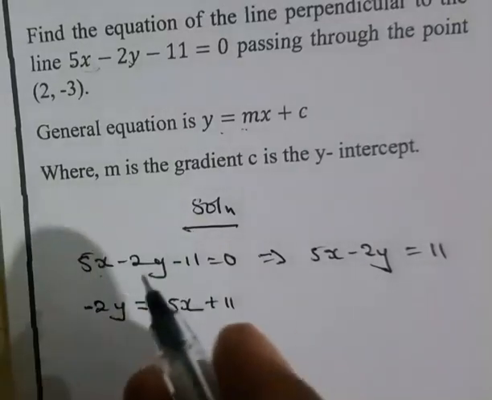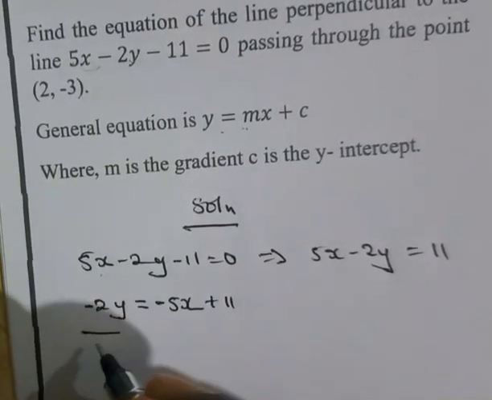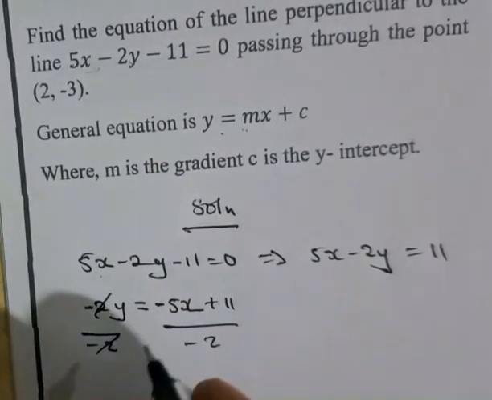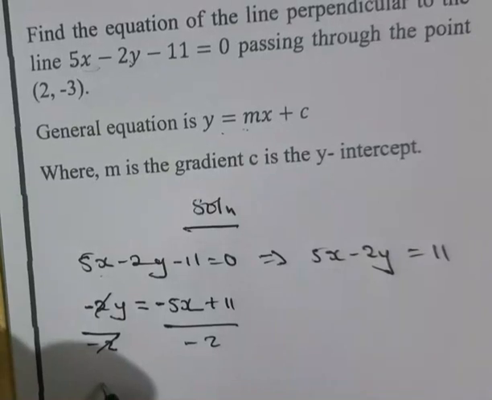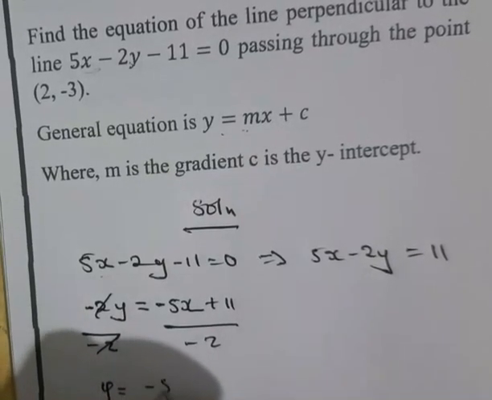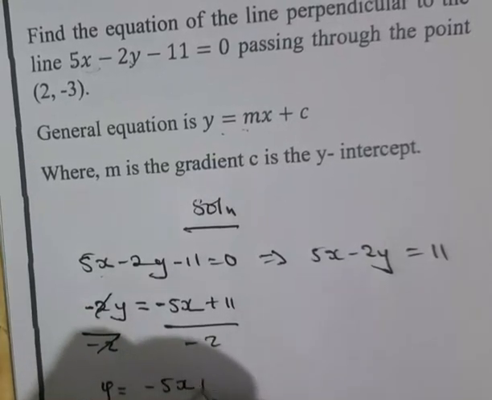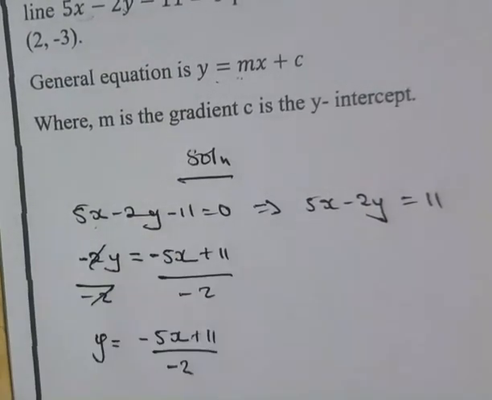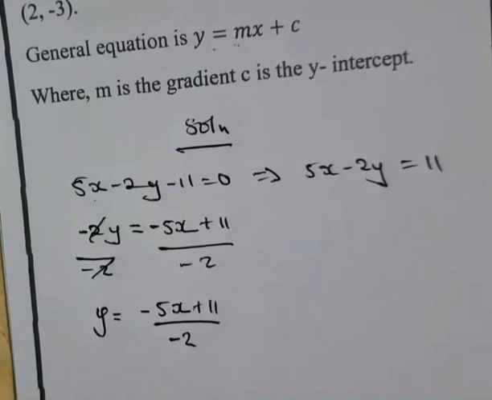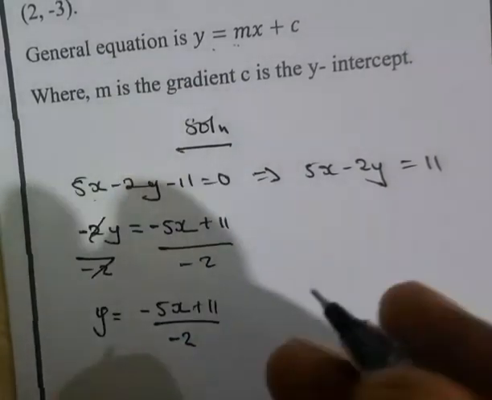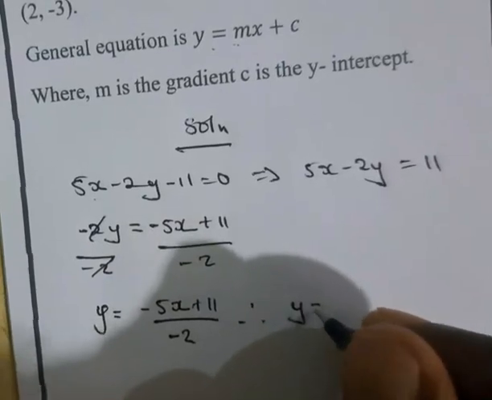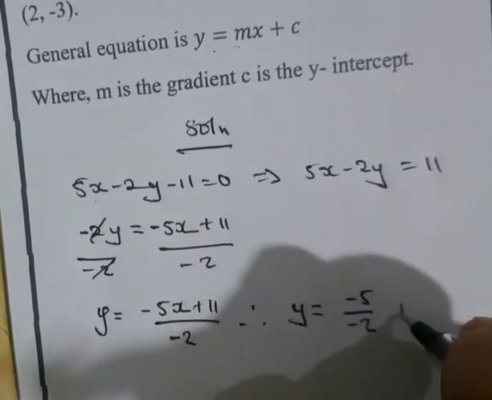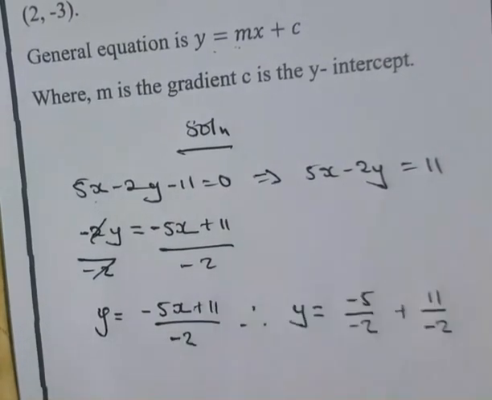Then I can divide both sides by negative 2, so that this one and this one cancel. So we have y is equal to negative 5x plus 11 over negative 2. Notice that we can separate these: y is equal to negative 5x over negative 2 plus 11 over negative 2.